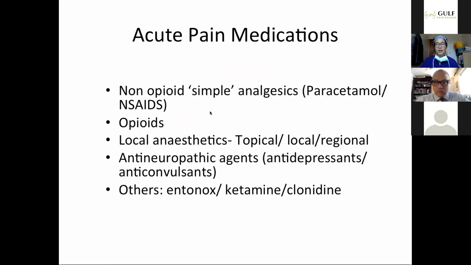Okay, so acute pain medicines are the non-opioid simple analgesics, which are paracetamol and nonsteroidals, and then you've got a choice of opioids. You've also got a choice of local anesthetics, either topical, local, or regional. And then there will be other adjuvants such as anti-neuropathic agents, so antidepressants, anticonvulsants, and others such as Entonox, ketamine, clonidine.